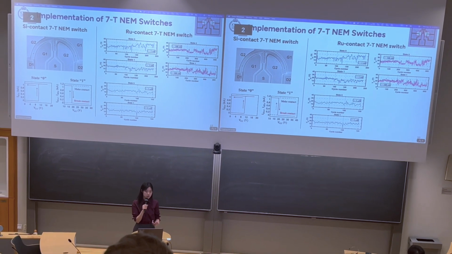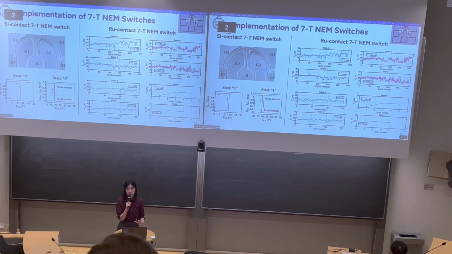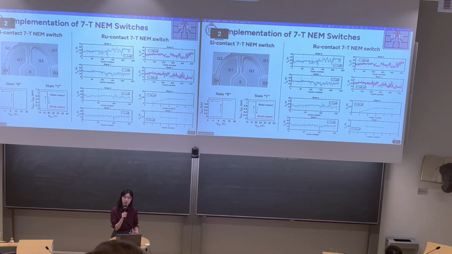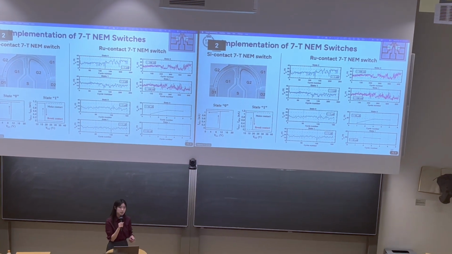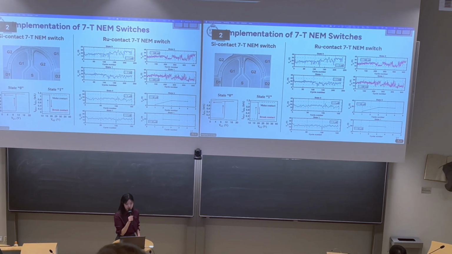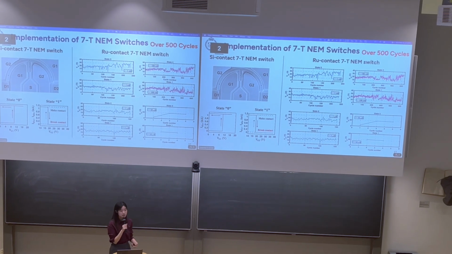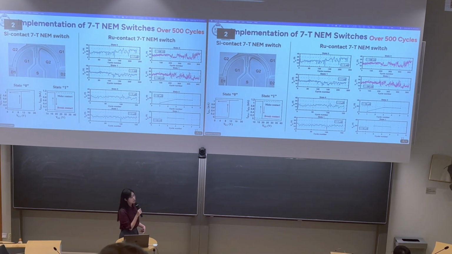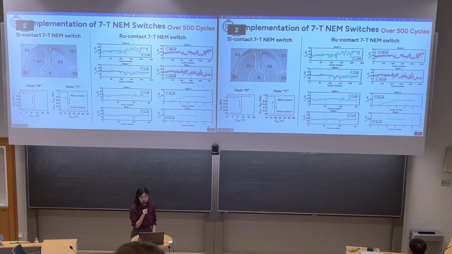What we see is the signal degradation. Only if we increase the current limit to 10 microamp, we see the extinction failure after programming the switch for only 5 cycles. And the best result we get so far is that the switch can be activated for over 500 cycles before the degradation.